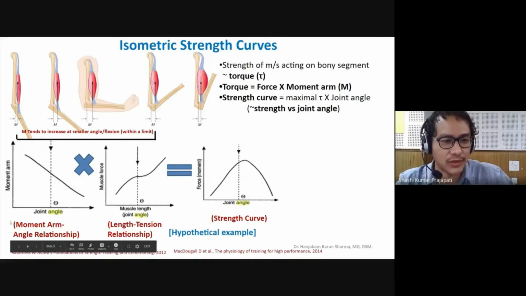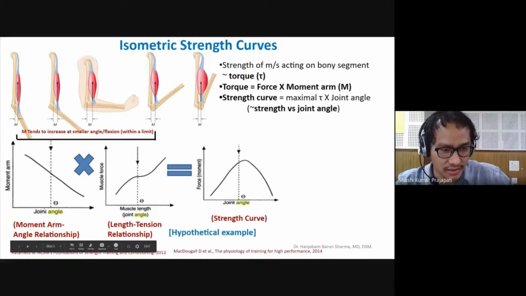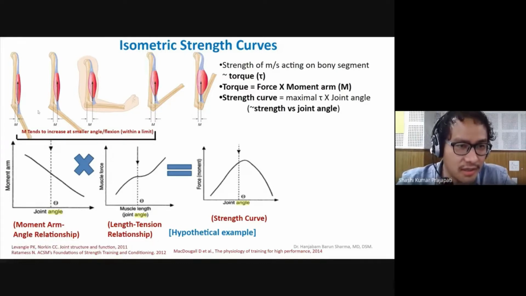When we draw a graph between the moment arm and the joint angle, we can say that the moment arm is greatest when the joint angle is lesser, that is here, in flexion.